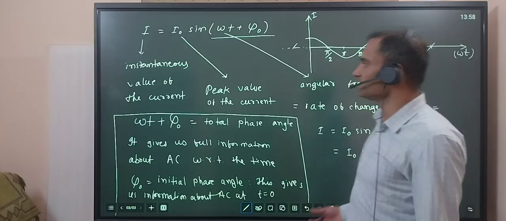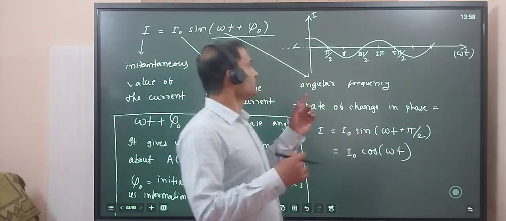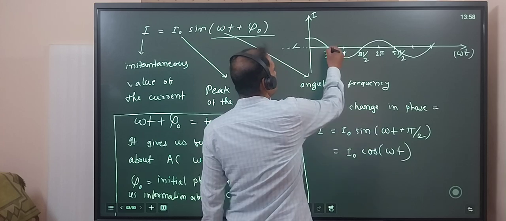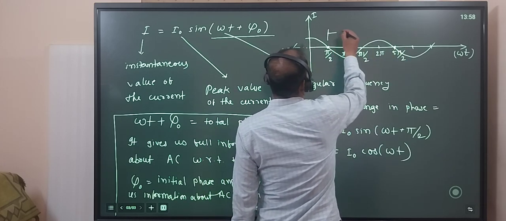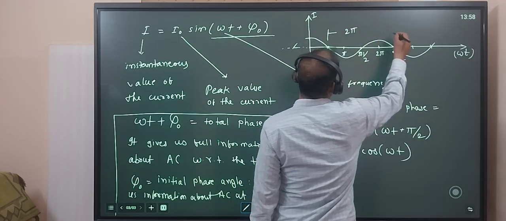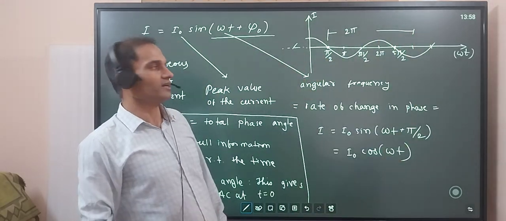You know that one cycle will be completed if you go from here to here. Phase angle changes by 2 pi, right?